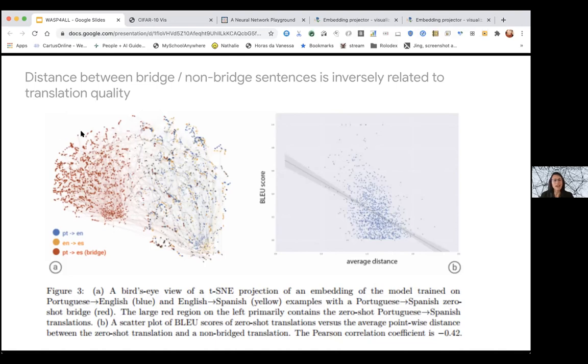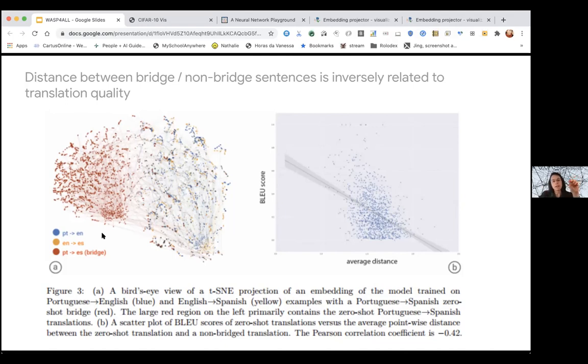And we're like, what is happening here? All the Portuguese to Spanish is hanging out by itself here. What's going on? So we downloaded all of this, ran a statistical analysis, and found out that these translations here were poor quality. In other words, these were not clustering with the other languages.